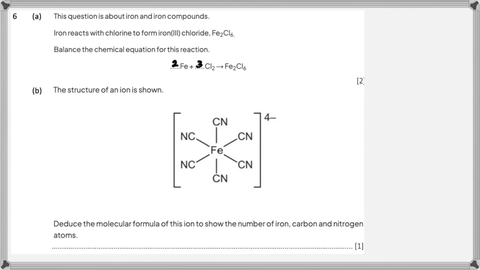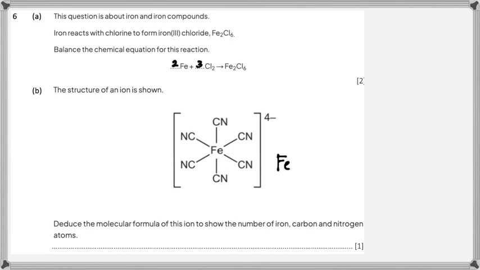Alright, now for letter B, the structure of an ion is shown. We have an iron in the middle, and then CN, cyanide. Deduce the molecular formula of this ion to show the number of iron, carbon, and nitrogen atoms. Looking at the formula, we have Fe at the center.